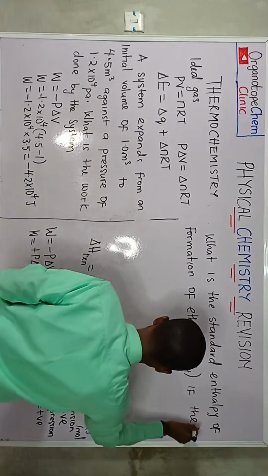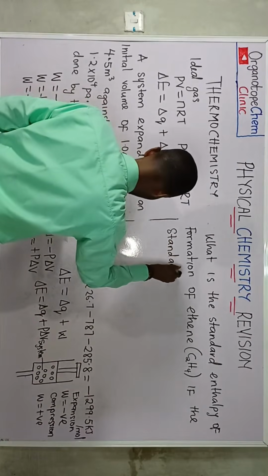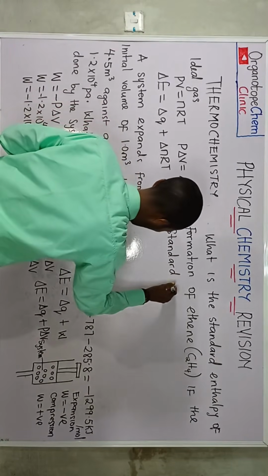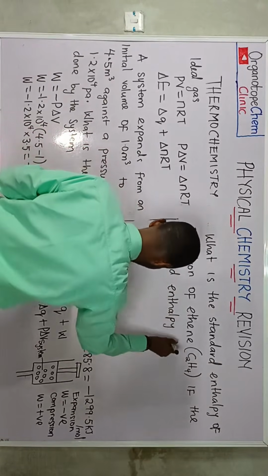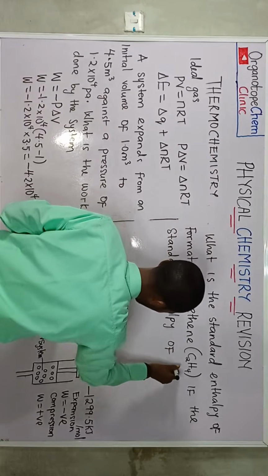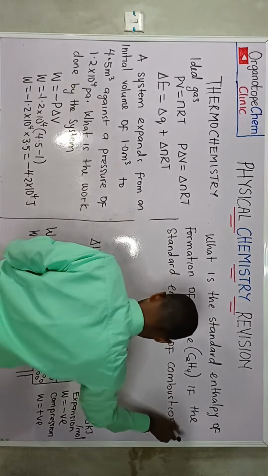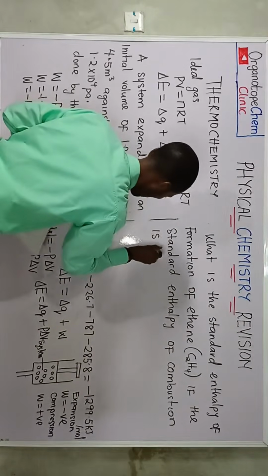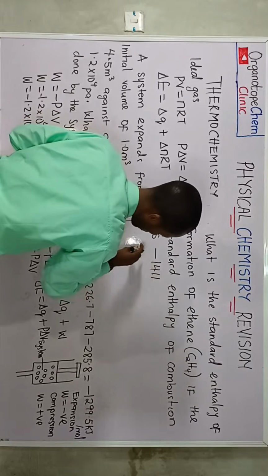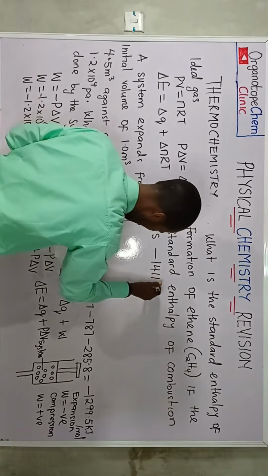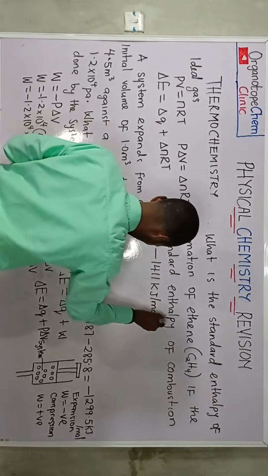If the standard enthalpy of combustion, we've talked about combustion today, is minus 1411 kilojoule per mole.